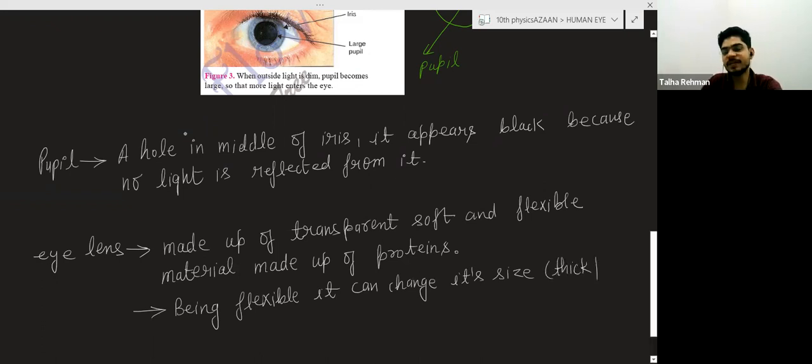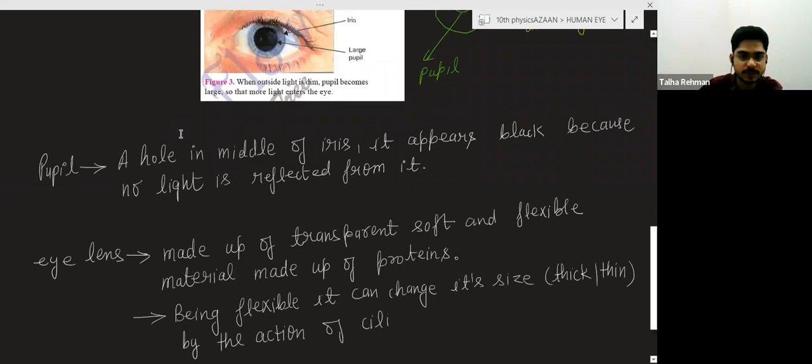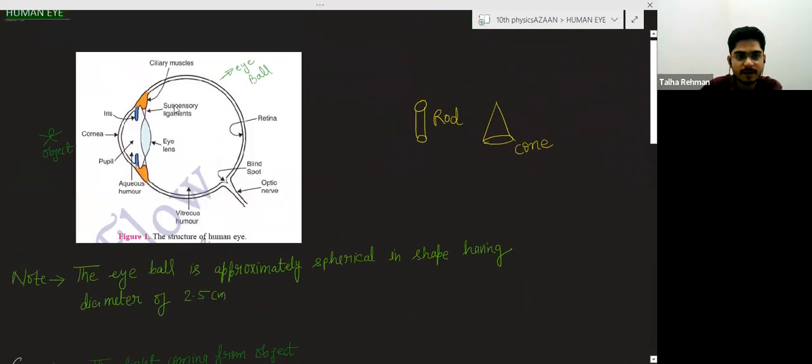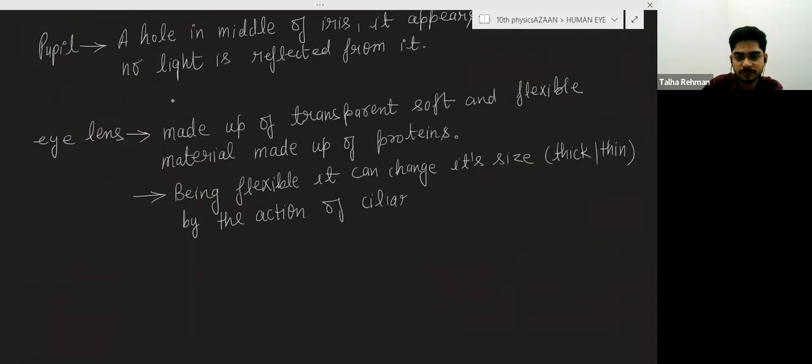Sometimes it will become thin, sometimes it will become thick, thick and thin by the action of ciliary muscles. What is the spelling of ciliary? Muscles.